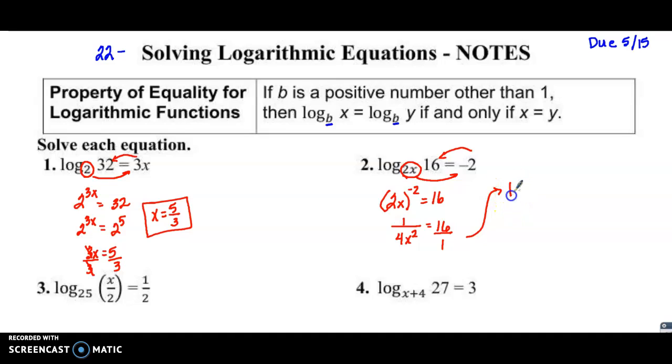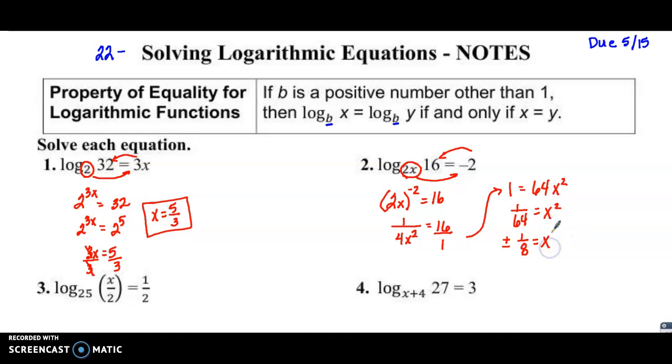And then we do 4 times 16, which gives us 64 x squared. To solve for x squared, we're going to divide both sides by 64 and have 1 over 64 is equal to x squared. When we square root both sides, don't forget we have to do plus and minus. The square root of 1 over 64 will be 1 over 8.